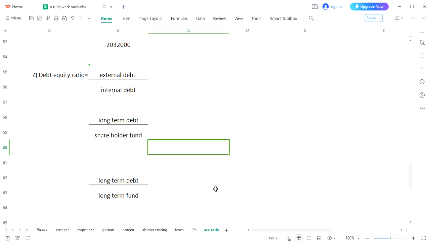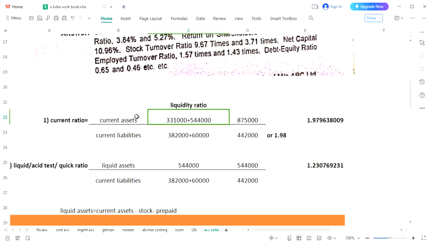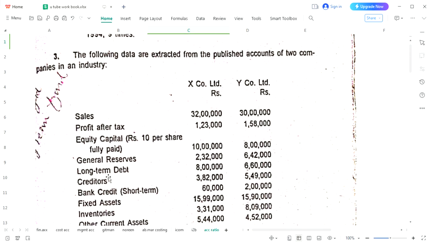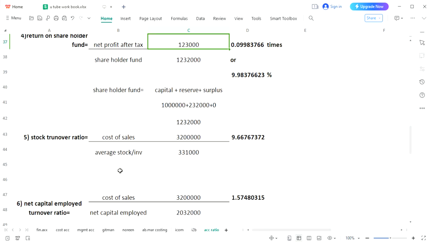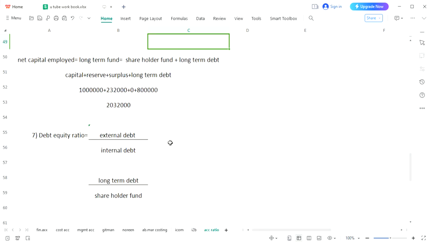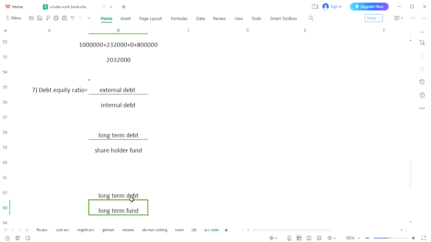So let's say we are taking this formula. Why am I using long-term debt over shareholder fund? Because you can see in this question long-term debt is given. So we suspect that the second formula should have been used. If the answer does not match using the second formula, then we can try external debt and internal debt, or we can try the third formula, long-term debt over long-term fund. So for the time being, let's guess that the second formula has been used.